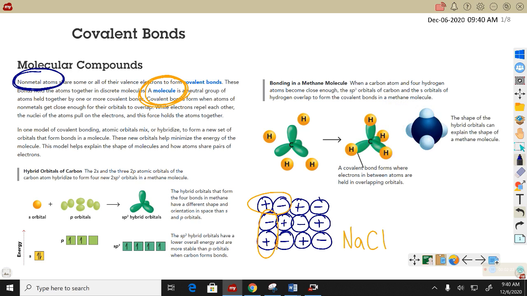Water is going to end up being a covalent structure. And so water molecules kind of look like this. They're like little Mickey Mouse heads that are kind of upside down, where the oxygen is the big atom and the two hydrogens are the little atoms. And so water is just a bunch of these little molecules. There they are.